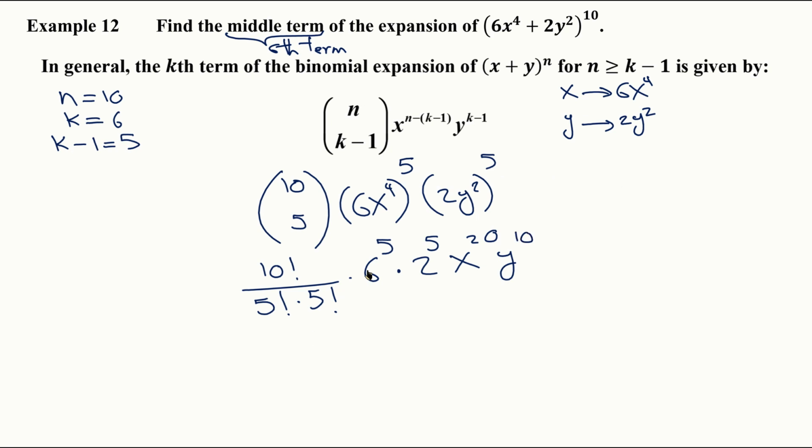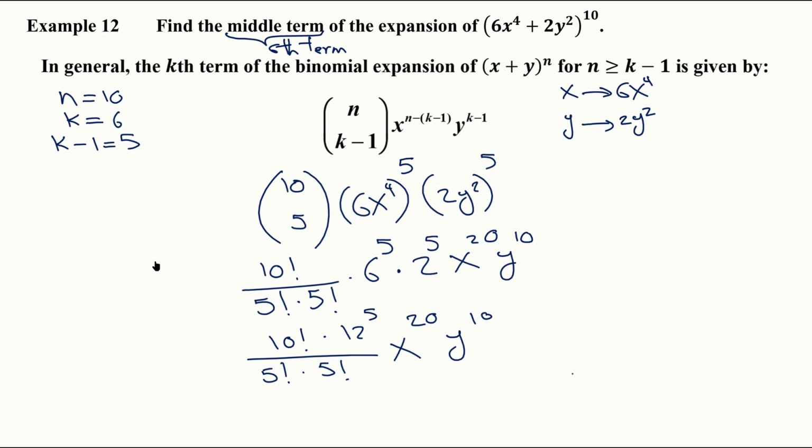Now, 6 to the 5 times 2 to the 5, since the exponents are the same, we can just write as 12 to the 5. So 10 factorial over 5 factorial times 5 factorial, times 12 to the 5 on the top, x to the 20, y to the 10.